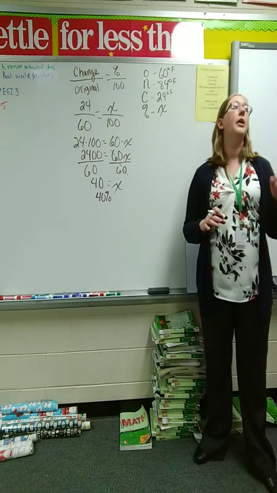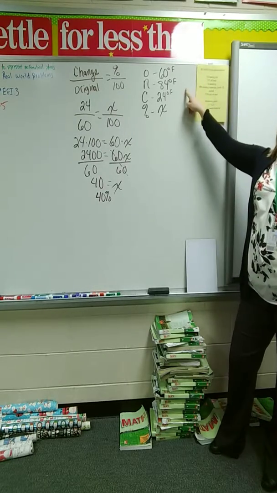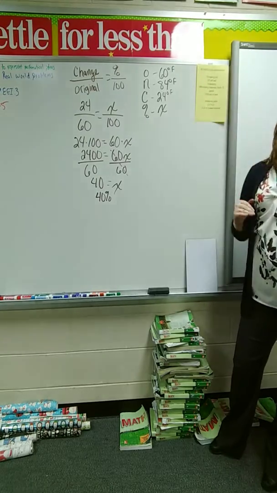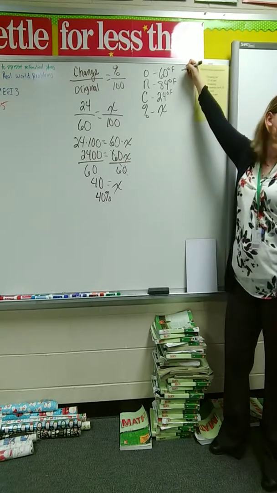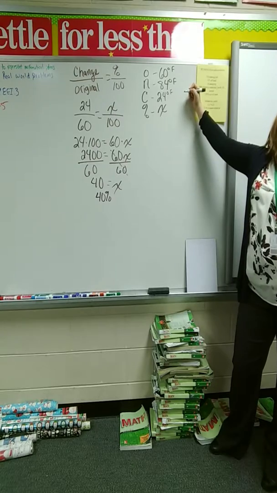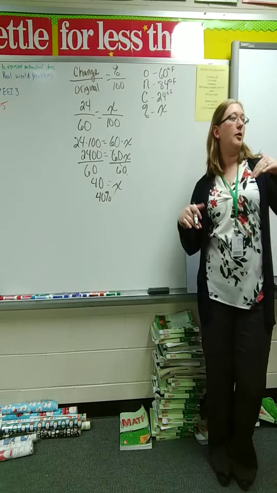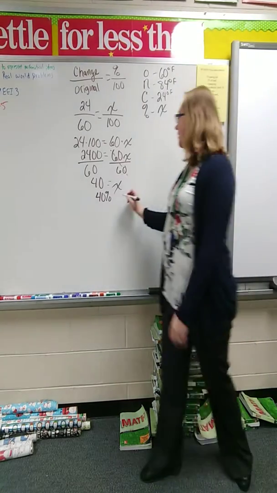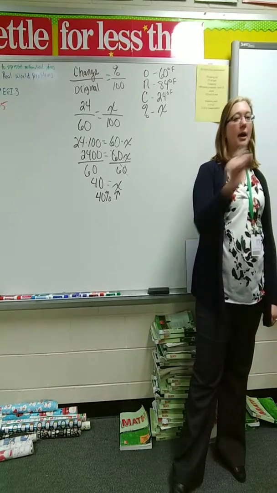Hold on. My original was 60, my new is 84. Am I going up or am I going down? I'm going up. I'm going from 60 to 84. Okay? If I start at 60 and I'm going to 84, that is an increase. So I can do that by drawing an up arrow or I can write increase.